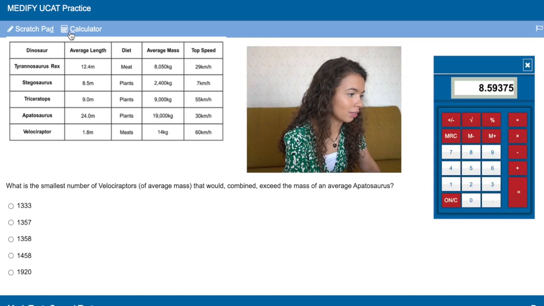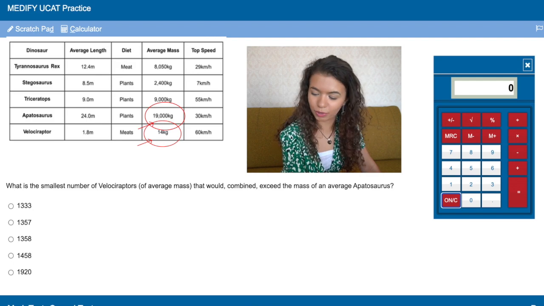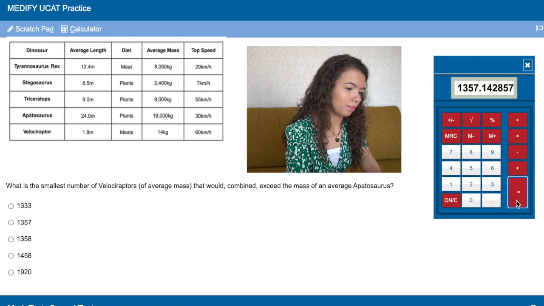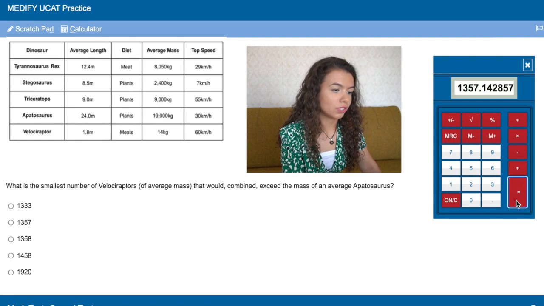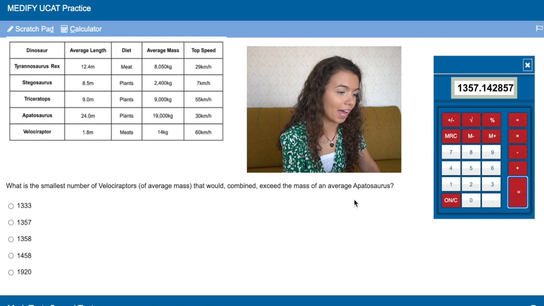So what we're going to do is figure out how many of these would go into that. So we're going to do 19,000 divided by 14, which gives you 1,357. Now, we want to exceed the mass of the Apatosaurus, and that is the key word here.